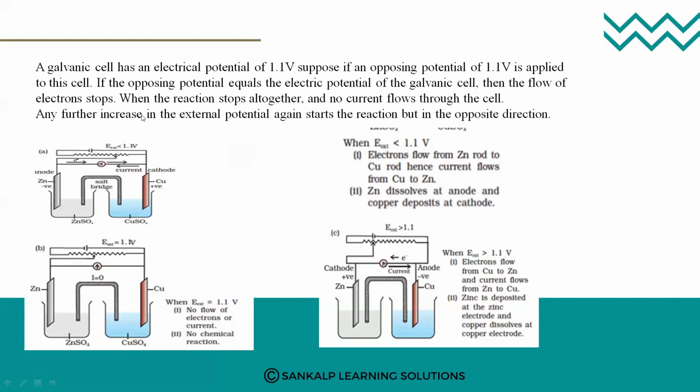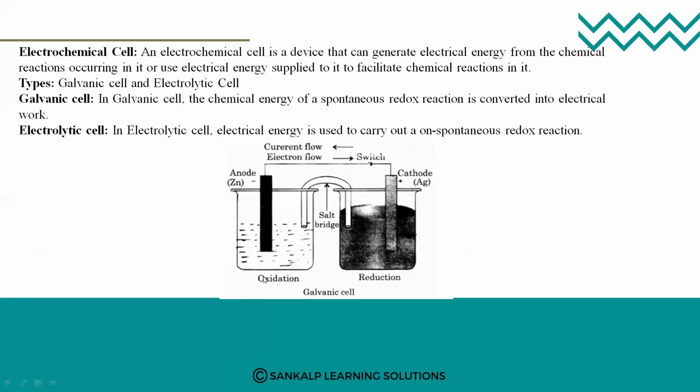This is a representation of a galvanic cell. You can see there is a zinc anode which is dipped in zinc sulfate solution, and this is a silver cathode, which is dipped in silver nitrate solution. The cathode is the positive terminal, and the anode is the negative terminal.